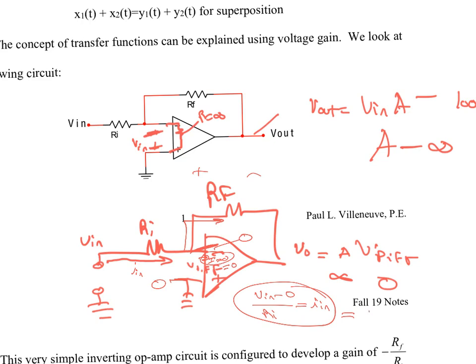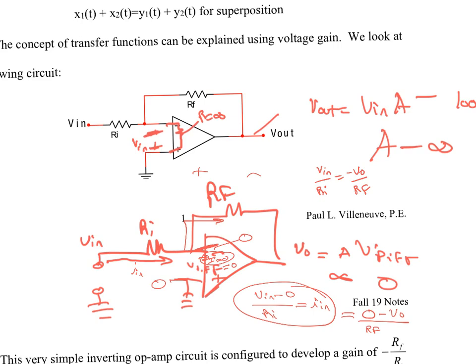And the voltage drop there is 0 minus V out, because we're saying plus to minus in that direction, divided by RF, correct? So what we're left with, and let's put that up over here, V in over Ri equals minus V out over RF, getting rid of all the zeros and cleaning it up a little bit.